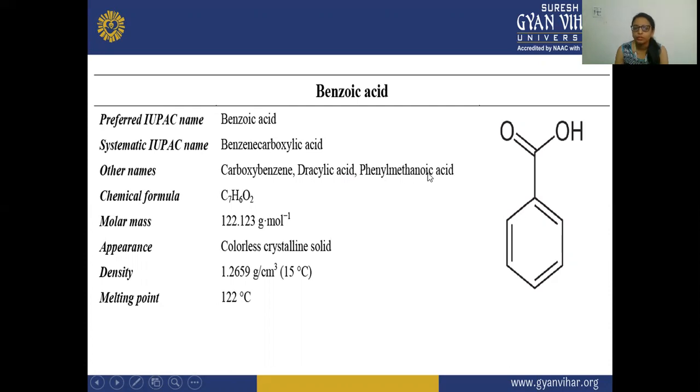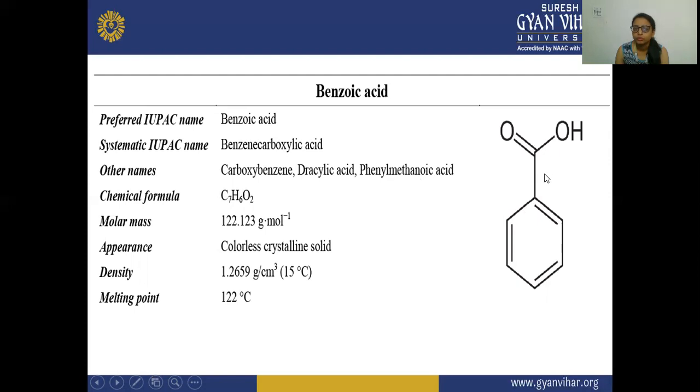Next is phenylmethanoic acid. This is the name because the COOH carbon is treated as an aliphatic chain, so this carbon is signified as methane, and oic is used because the carboxylic acid group is bonded with the phenyl, the benzene ring. Oic is the suffix used for carboxylic acids in the IUPAC system.